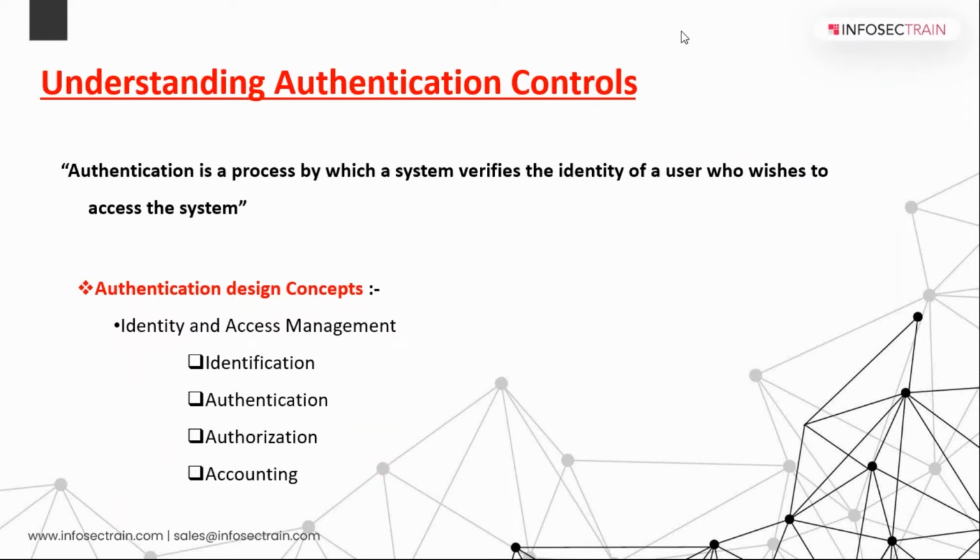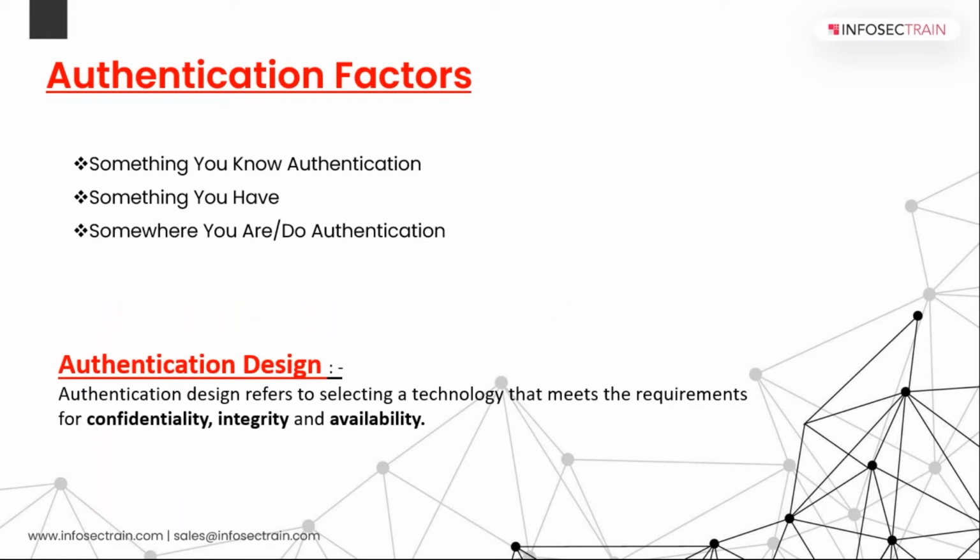Next, we have the authentication factors: something you know, something you have, something you are or do. Something you know is typically a login, a username and password that you provide.